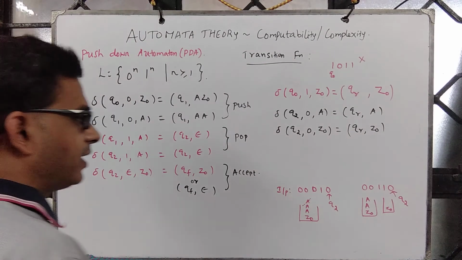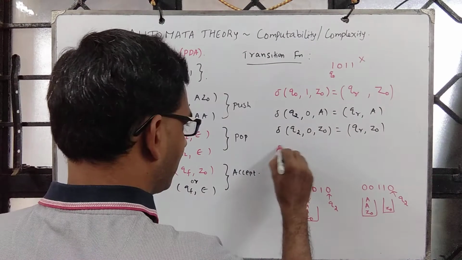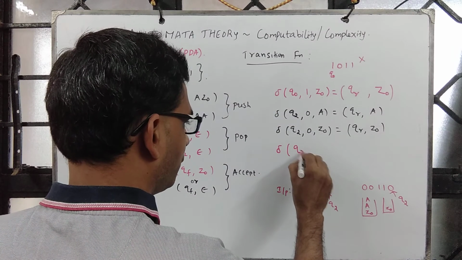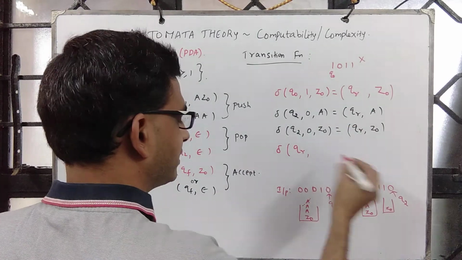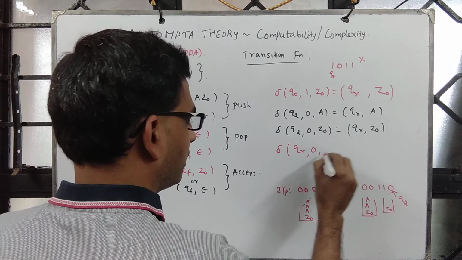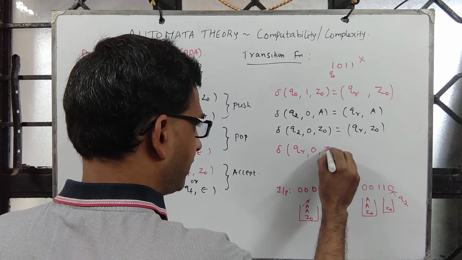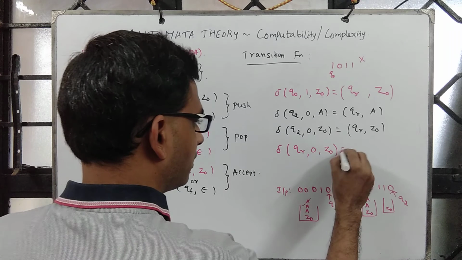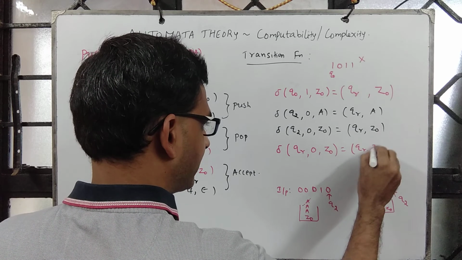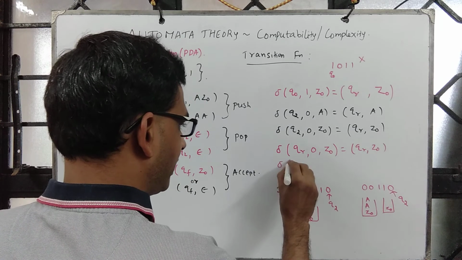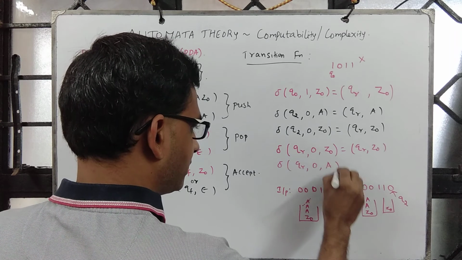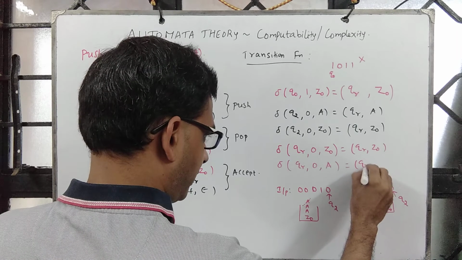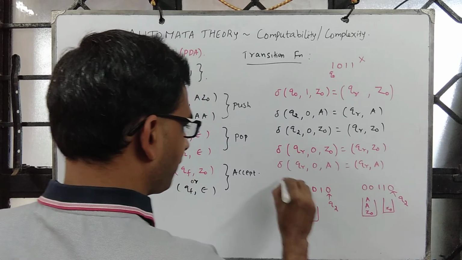One can also write the transition like you are at QR and you come across a 0 and the stack symbol maybe Z0, again this has to be rejected. Or you are at QR and the top symbol is A, it has to be rejected.